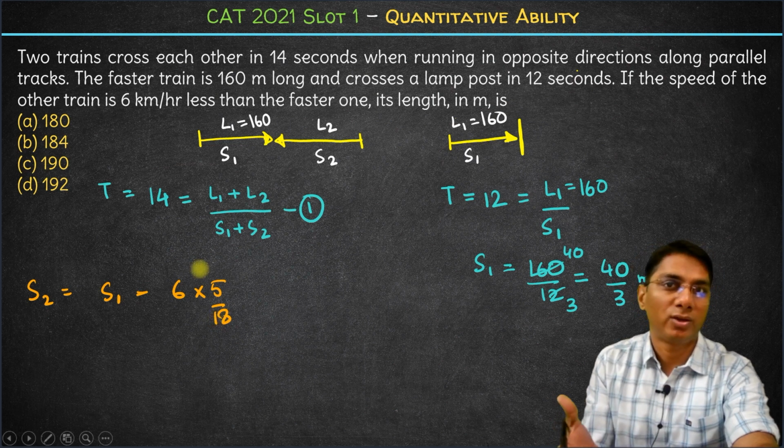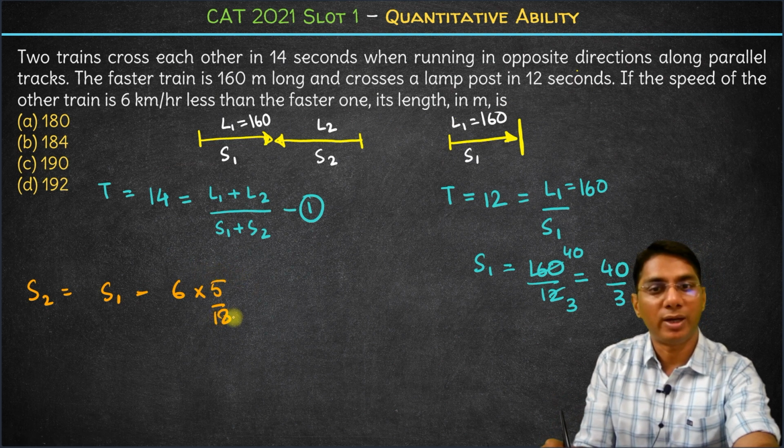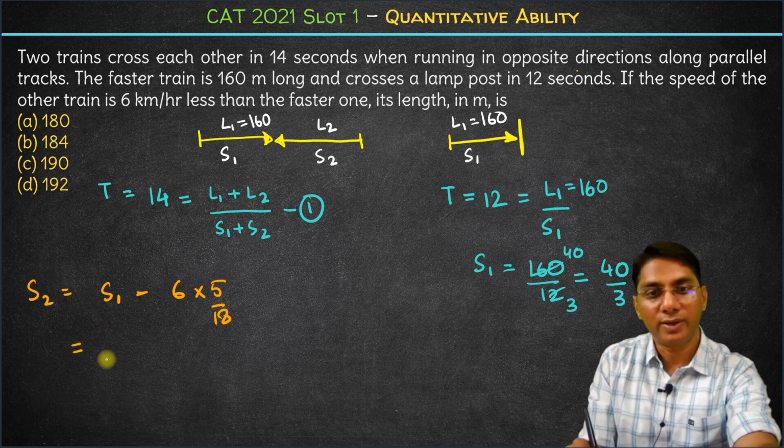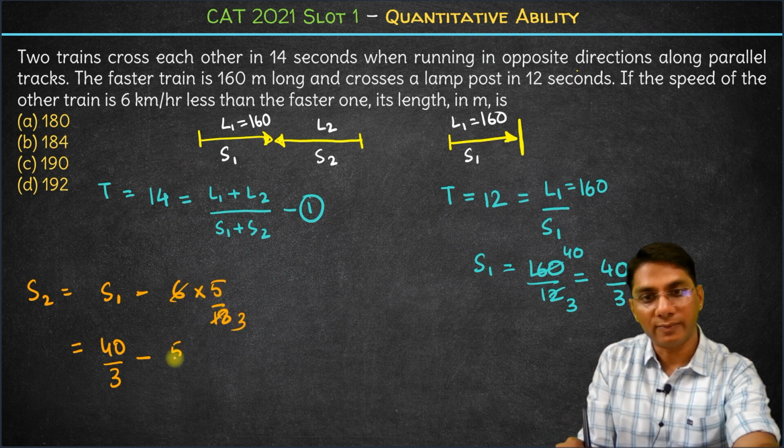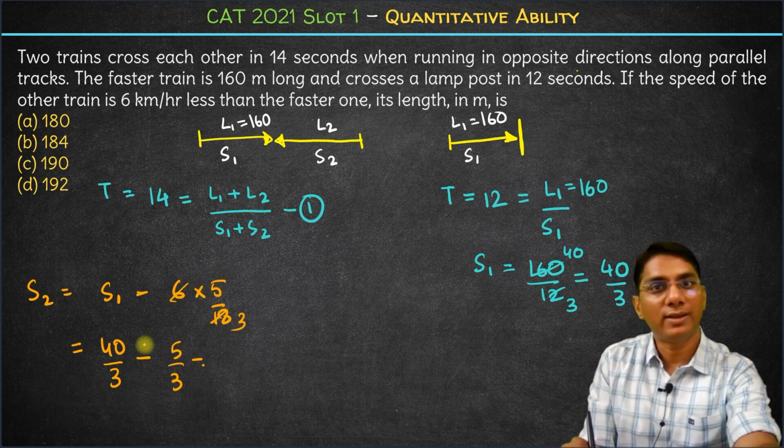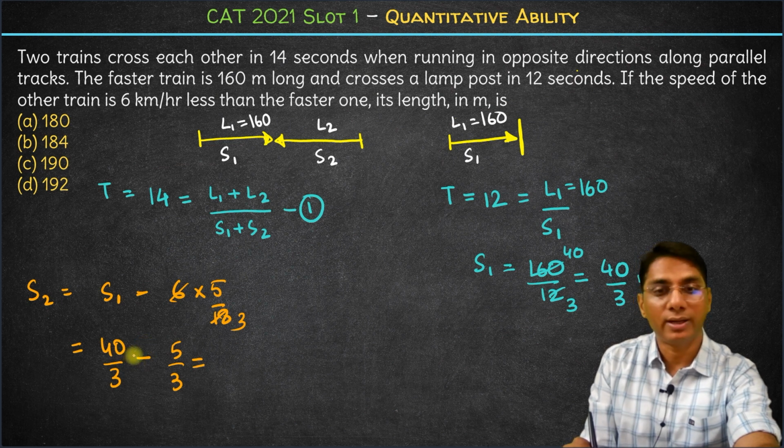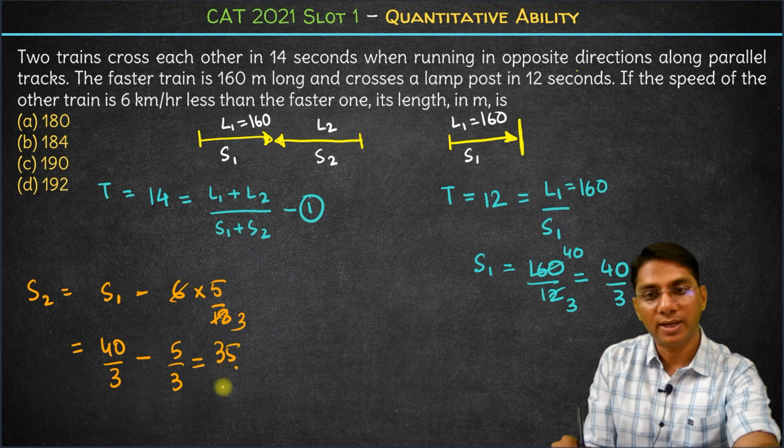And the way we convert kilometer per hour in meter per second is by multiplying it with 5 by 18. So speed of S2 will be S1, which is 40 by 3 minus 18 goes by 6, 3 times. So this is 5 by 3. So speed of the other train, second train or the slower train, comes out to be 40 minus 5, 35 by 3 meters per second.